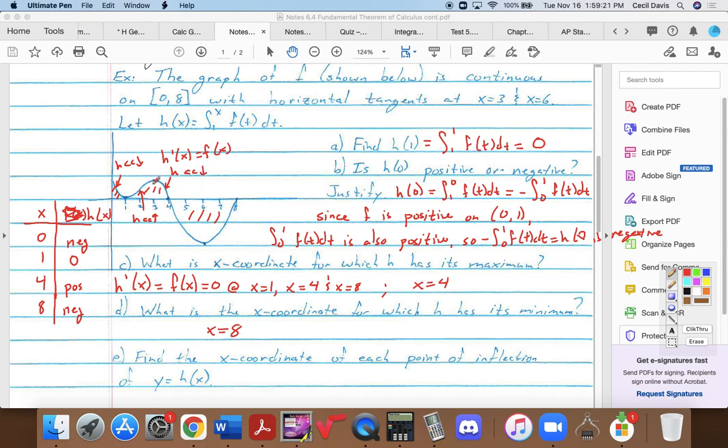And that continues all the way from here to here, right? And then on this last part, since h prime is increasing, h is concave up. So those are the locations of my points of inflection: x equals 1, x equals 3, and x equals 6.